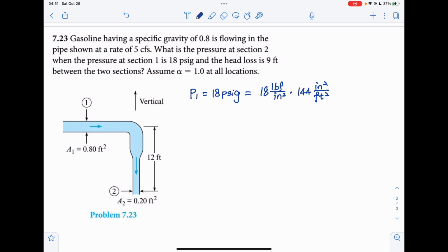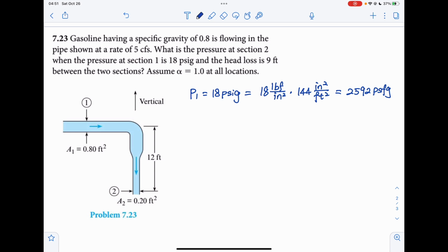Okay, so this will give us a number of 2,592 psfg.